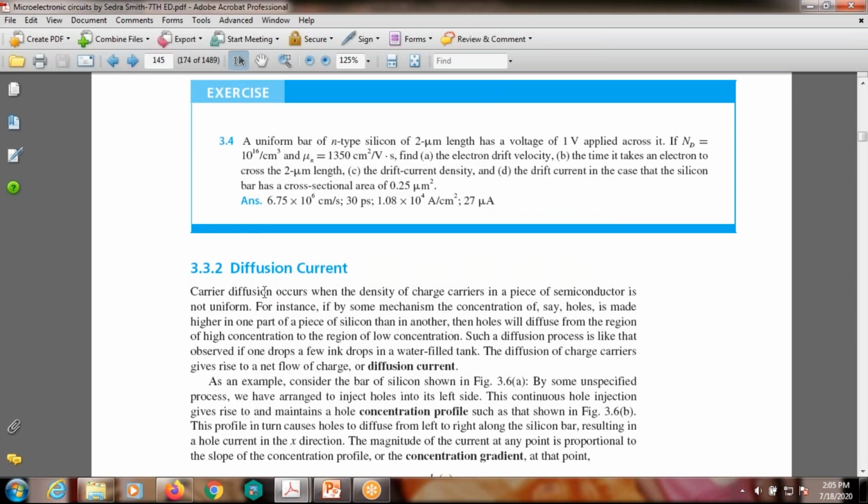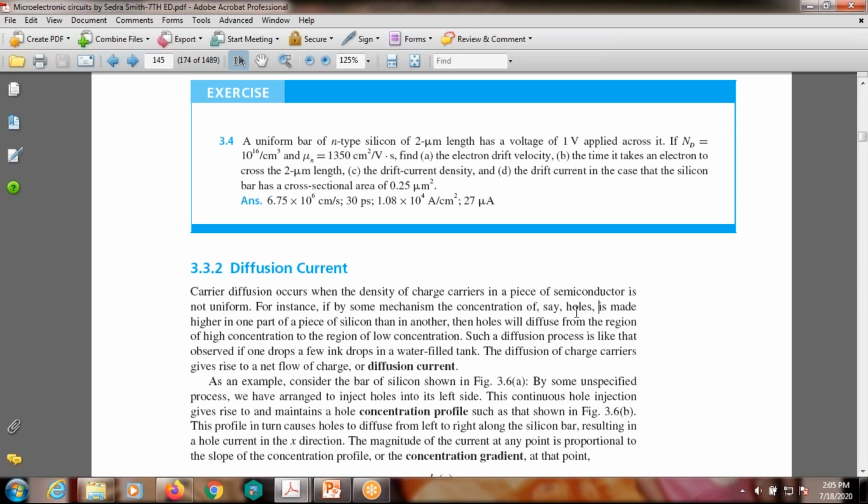consider here diffusion. Carrier diffusion occurs when the density of charge carriers in a piece of semiconductor is not uniform. So this one. What is here? In a piece of semiconductor, the density of charge carriers is not uniform. For instance, if by some mechanism the concentration of, say, holes is made higher in one part of a piece of silicon than another.